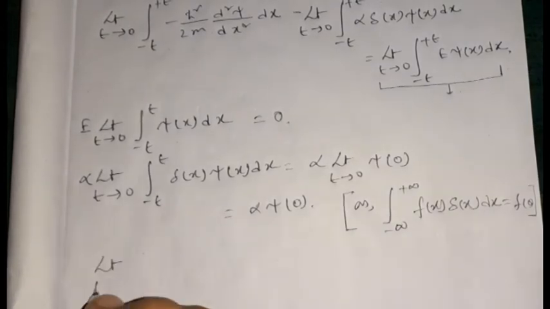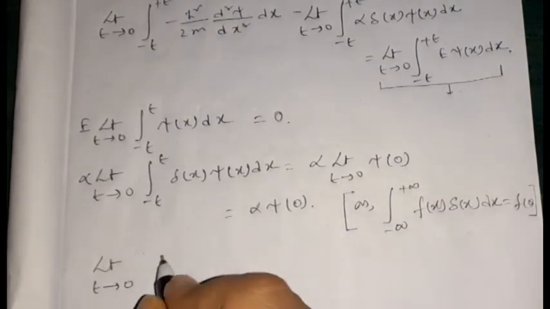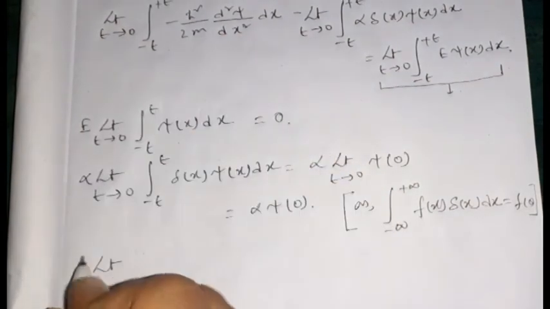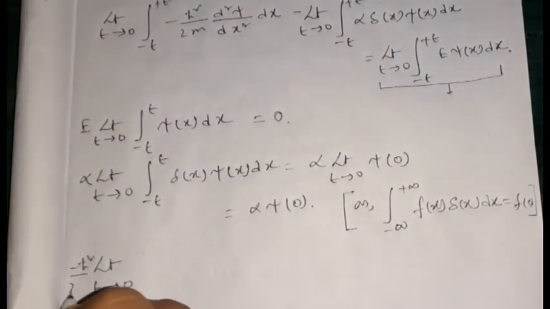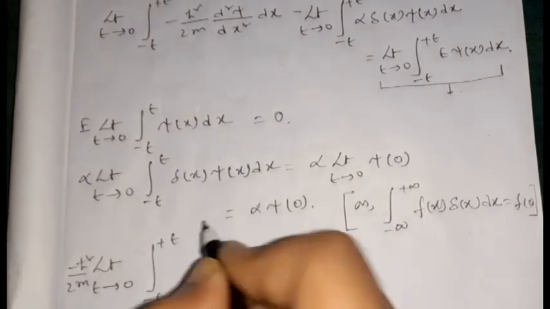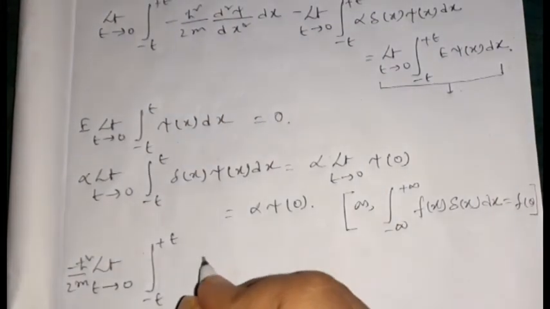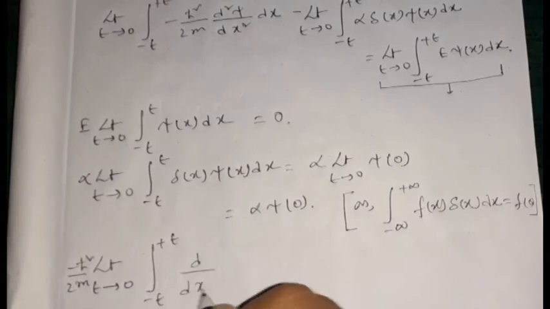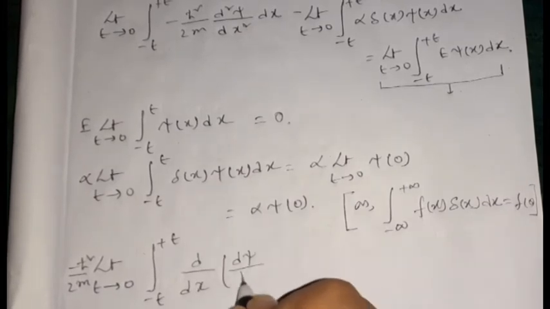Let me write it properly. This is a constant term, so I can write it here. To solve this, I can write d2 psi dx square as d dx of d psi dx.